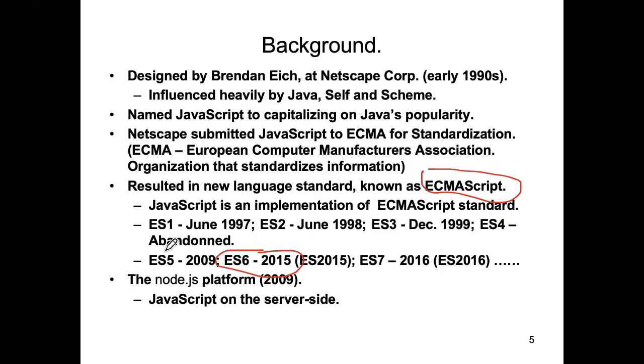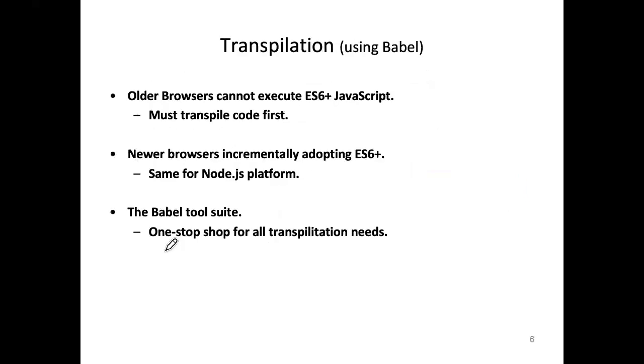We don't have to worry about that conversion, though. There is a tool that does that for us called Babel. The process of converting modern JavaScript back to pre-ES6 JavaScript is called transpilation, and it's done by, there's actually more than one tool now, but for a number of years there was only one tool, and it was this Babel tool.